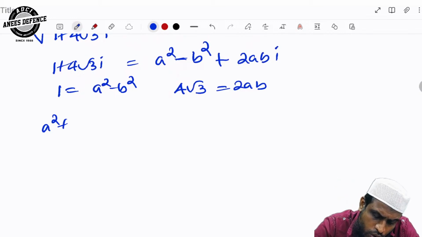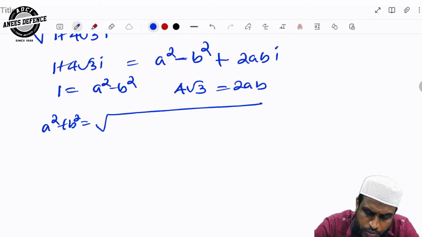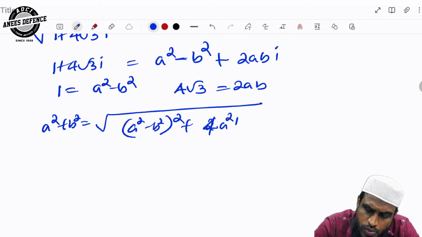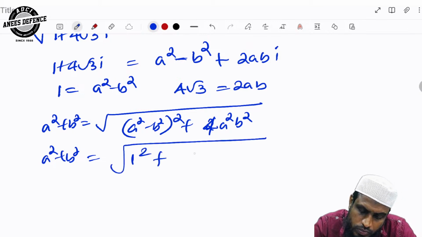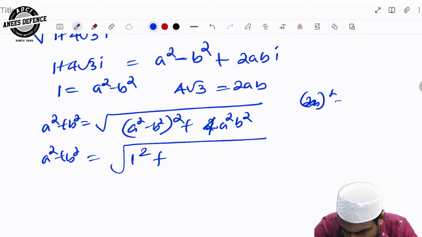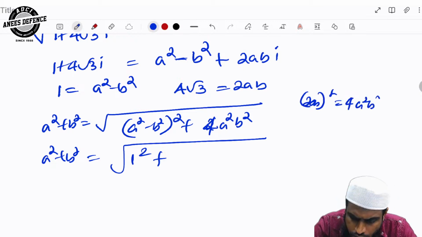Now you know that a square plus b square is equal to root of a square minus b square the whole square plus 4 a square b square. Now a square minus b square is actually 1. So 1 square plus 2ab is 4 root 3, so 2ab square is actually 4 a square b square.